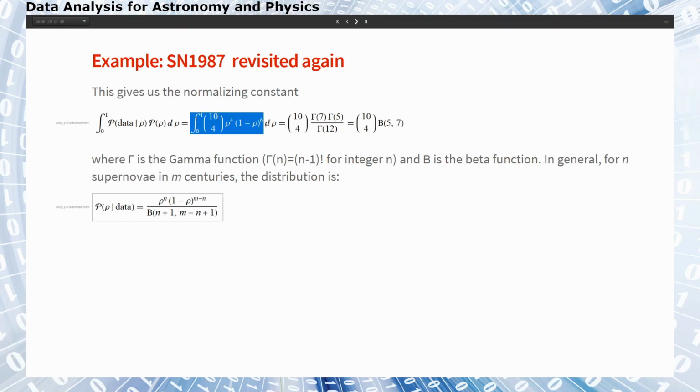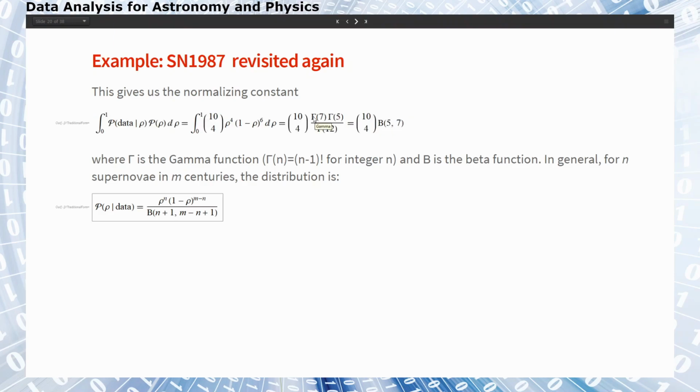This expression, the integrand here, can be integrated. The binomial constant goes out, and we just integrate this here, and this can be expressed in terms of the beta function, which is a combination of gamma functions.